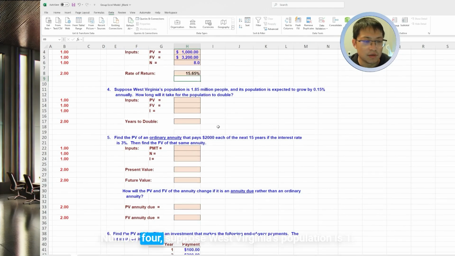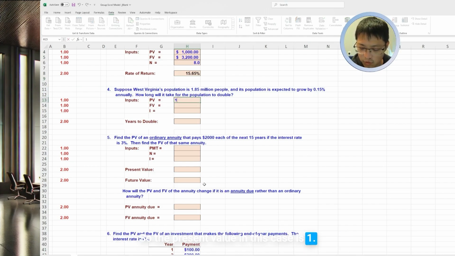Number 4: suppose West Virginia's population is 1.5 million, and this population is expected to grow by 0.15% annually. How long will it take for the population to double? So the present value in this case is 1.5, and I did use the millions. The unit in this case is million.